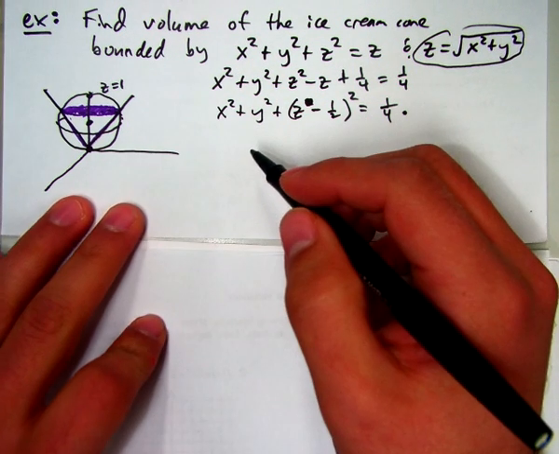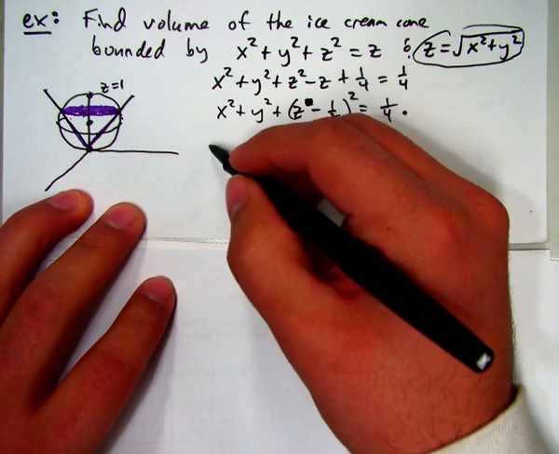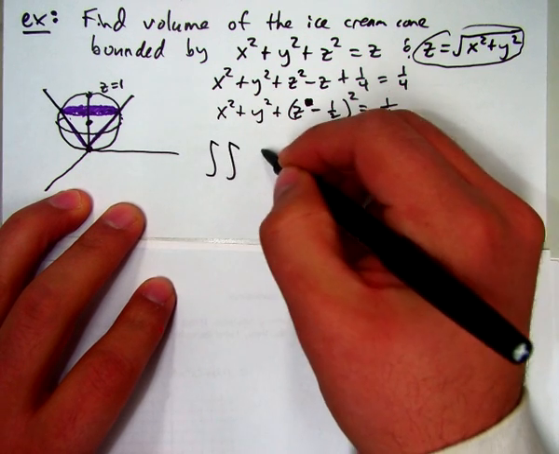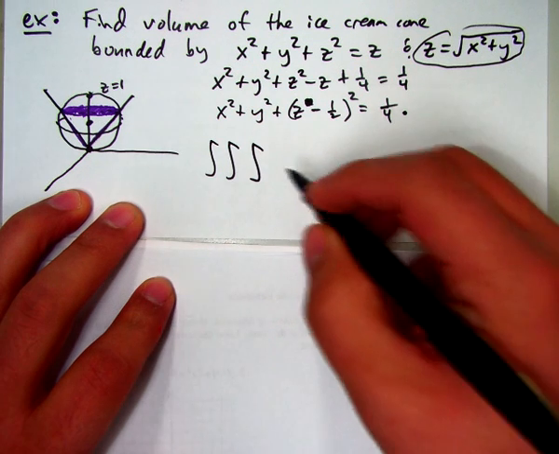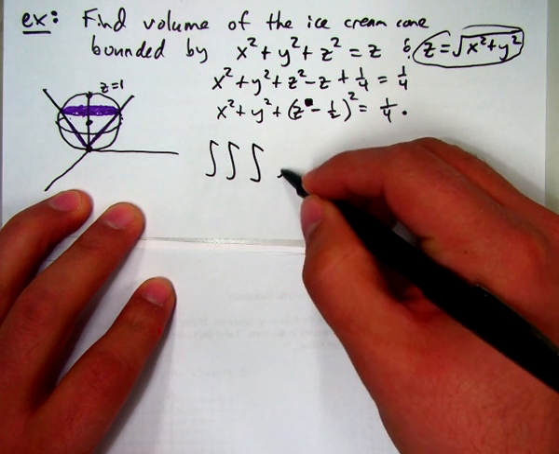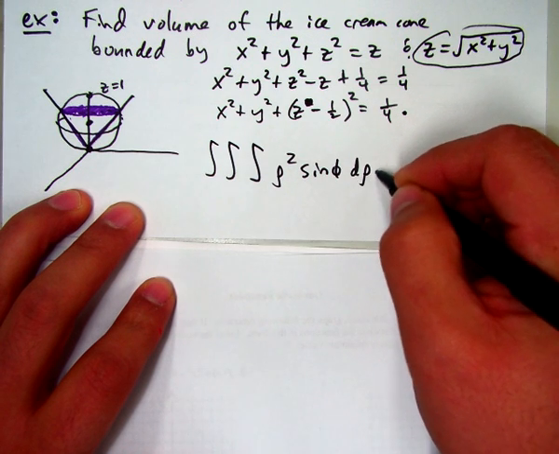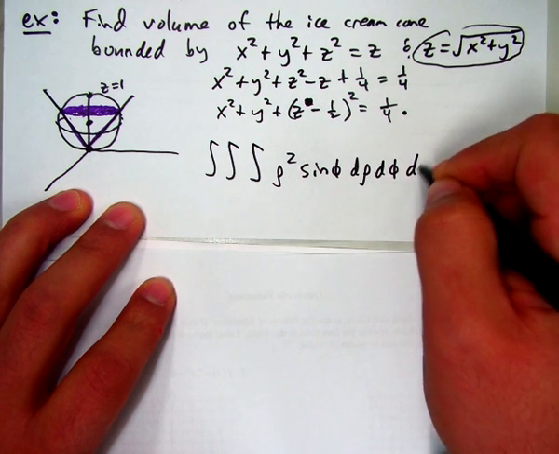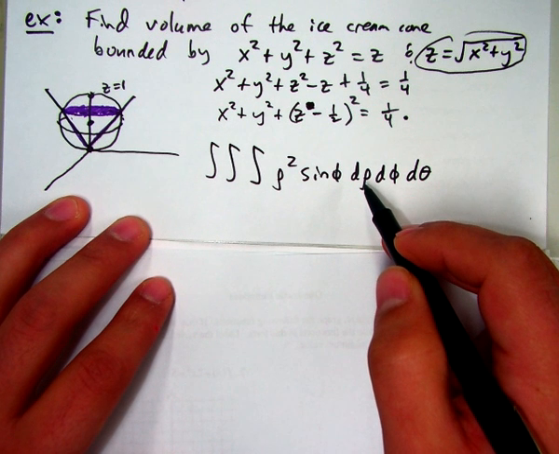So if we're finding volume, then we just do 1 dV, or in spherical, that would just be 1 times rho squared sine phi d rho d phi d theta. So now we need to figure out what rho is.